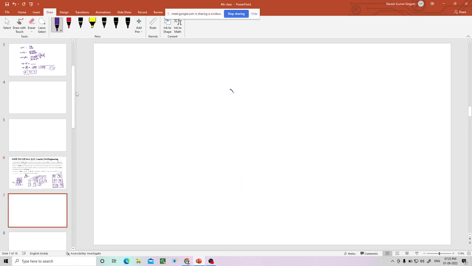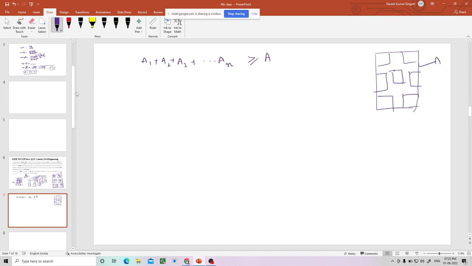If you sum up A1 plus A2 plus A3, all the areas of the footings, and compare it with the total area of the plan, where the footings are, like this, these are all A1, A2, A3, up to AN. Sorry, this is 0.5 into A, it is not just A.